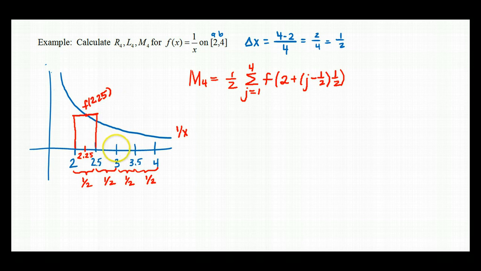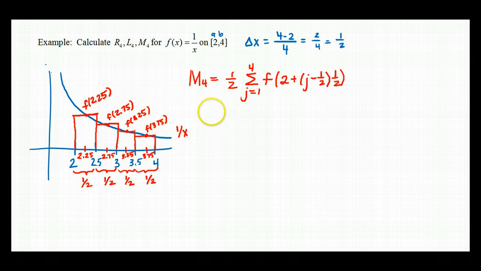And now over the next width, between 2.5 and 3, the halfway point is 2.75. So the height of my next rectangle is going to be f of 2.75. And so on. Now this one is going to be 3.25 and this one's going to be 3.75. So each of those are going to define the height of my rectangles: f of 3.25, and then this one was f of 3.75.